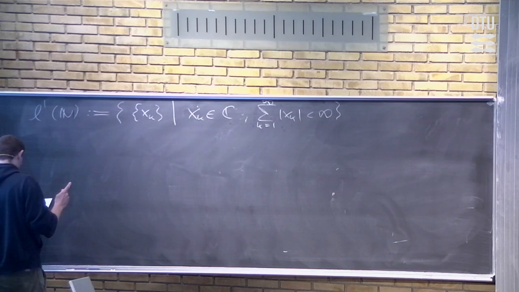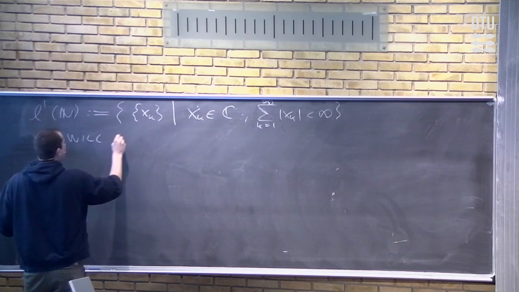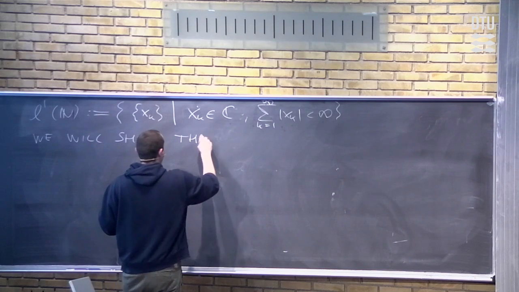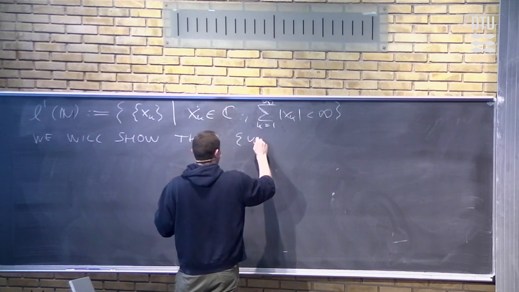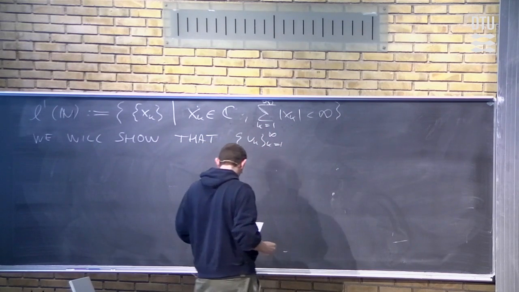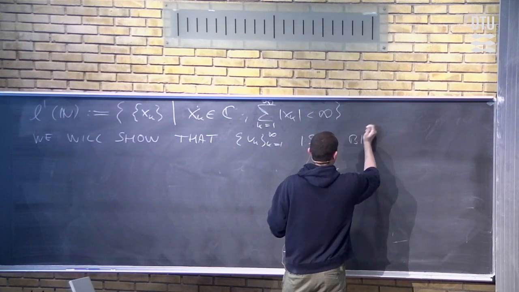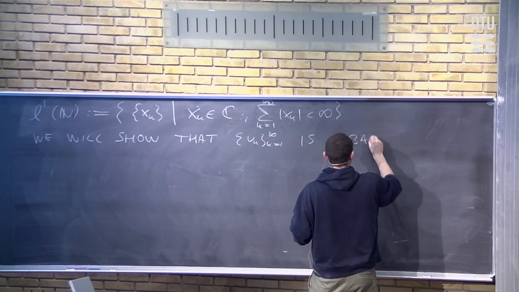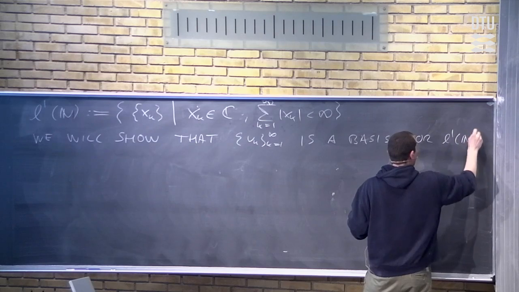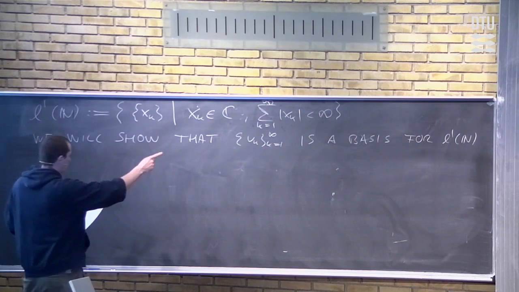Okay. So what we want to do now is show that Vk is a basis for L1. And what are all the Vks?